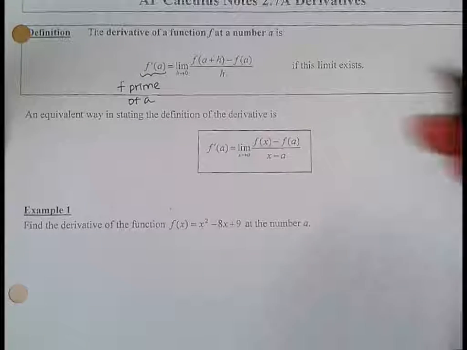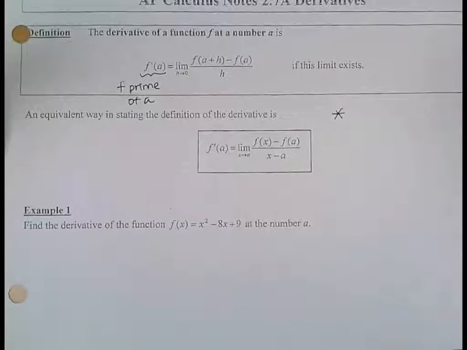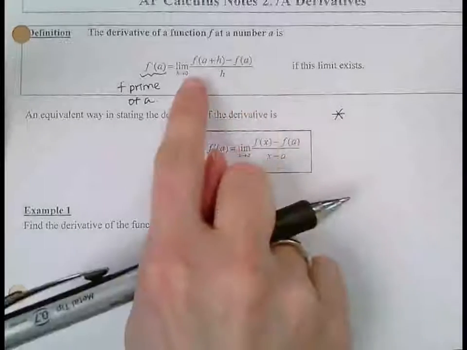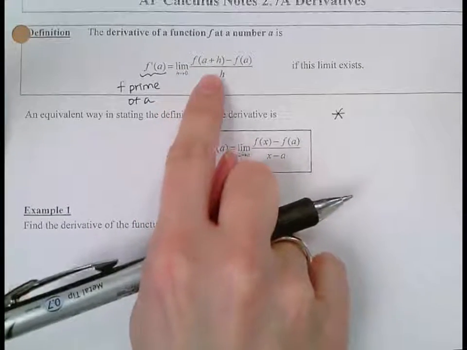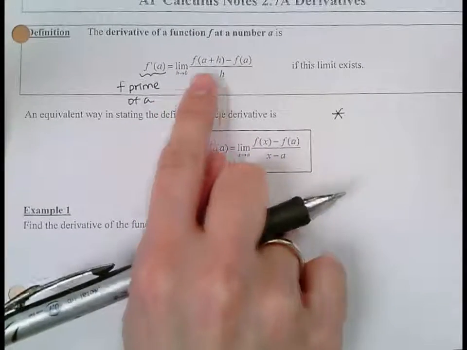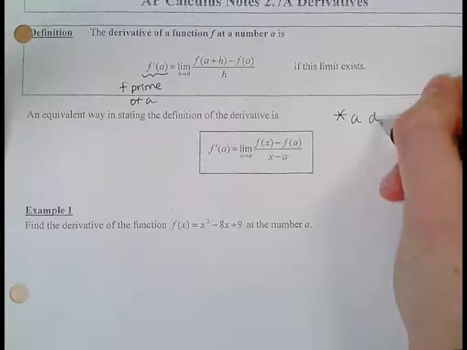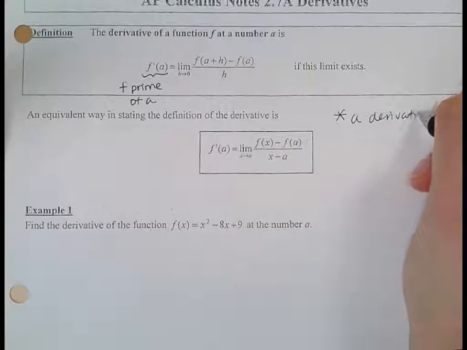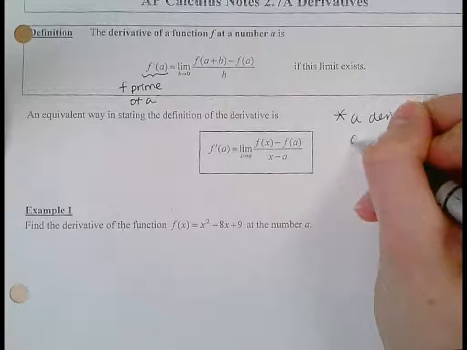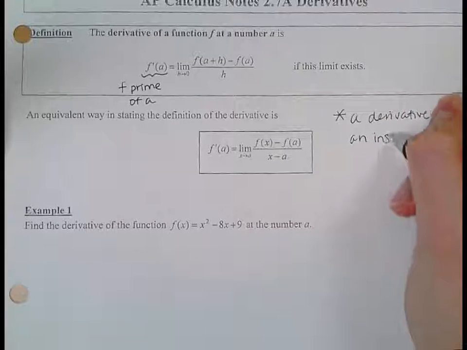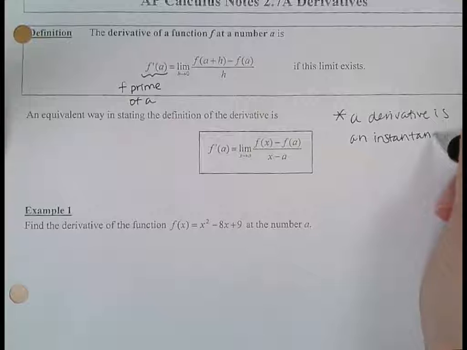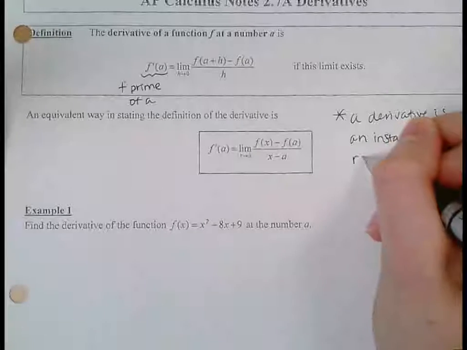Maybe you want to make a note to yourself, understanding what a derivative represents, and really we talk about it in this section, but because we just talked about how this limit represents any instantaneous rate of change, now knowing it's a derivative, I would maybe include on your notes a derivative is an instantaneous rate of change.